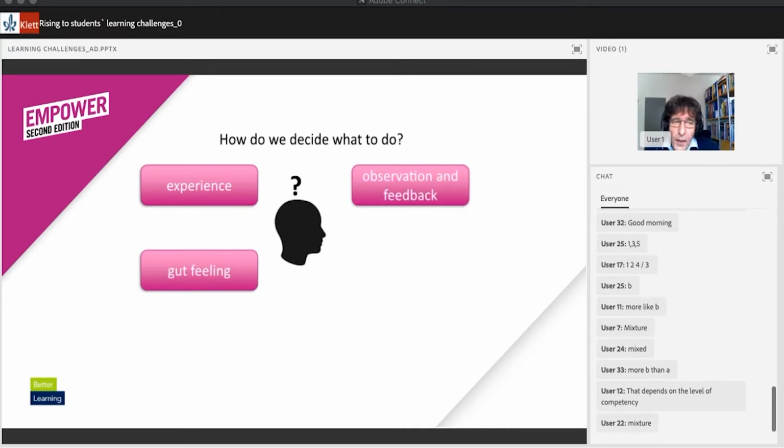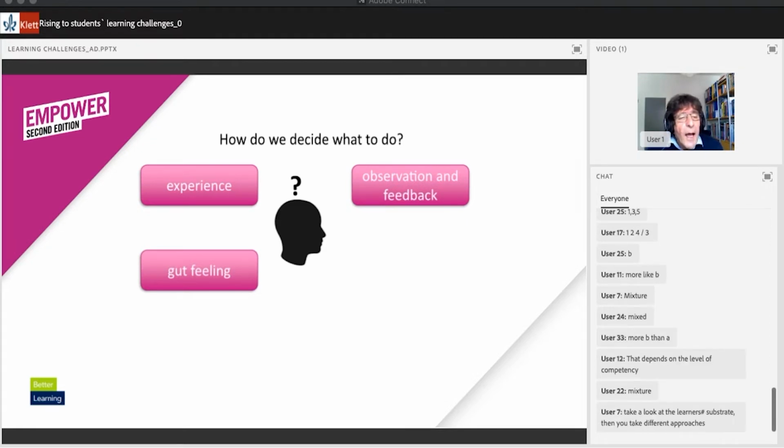It may be, and very importantly, I think, comes from observation or feedback from the learners. So my students seem to enjoy pair work, or perhaps my students tell me they don't want to learn grammar, that kind of information. But also, and perhaps slightly more neglected, we can decide based to some extent on what research tells us or what theory tells us about learning.